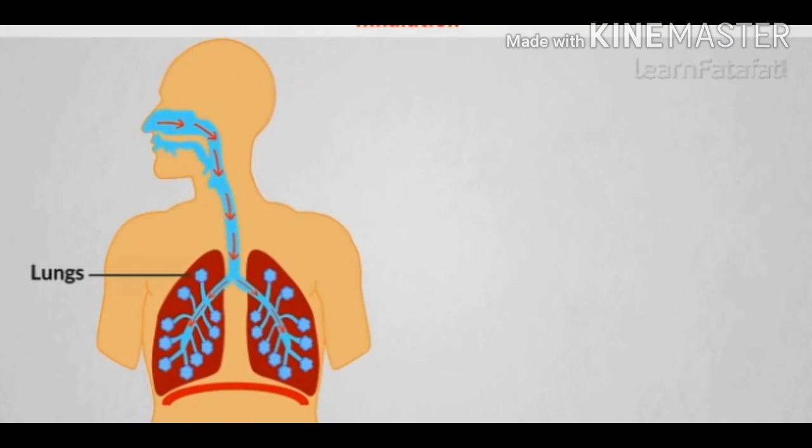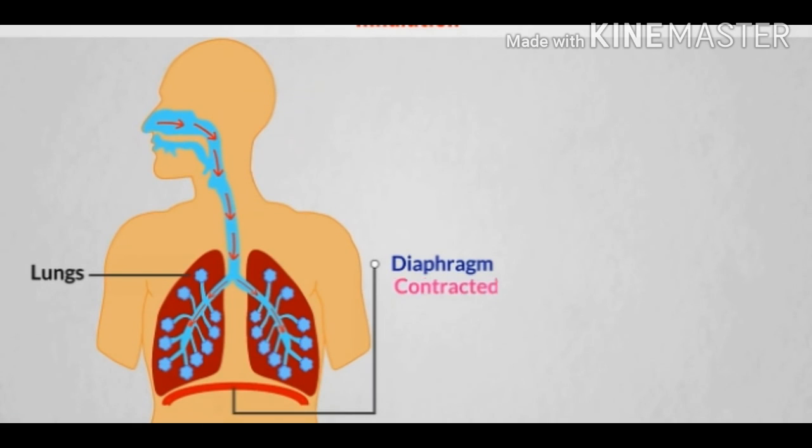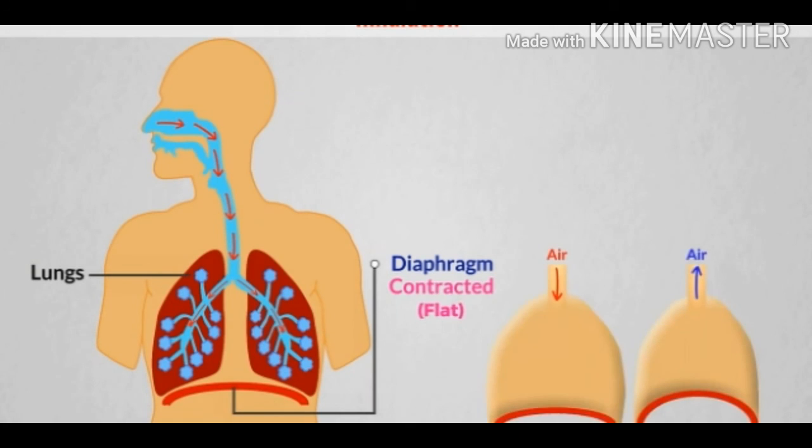During inhalation, the muscular sheet called the diaphragm, situated below the lungs, contracts, due to which it moves downwards and becomes flat. It causes an increase in the chest cavity. With this movement, the pressure of air outside the body becomes larger than the pressure of air in the lungs. To equalize the pressure, air rushes into the lungs.